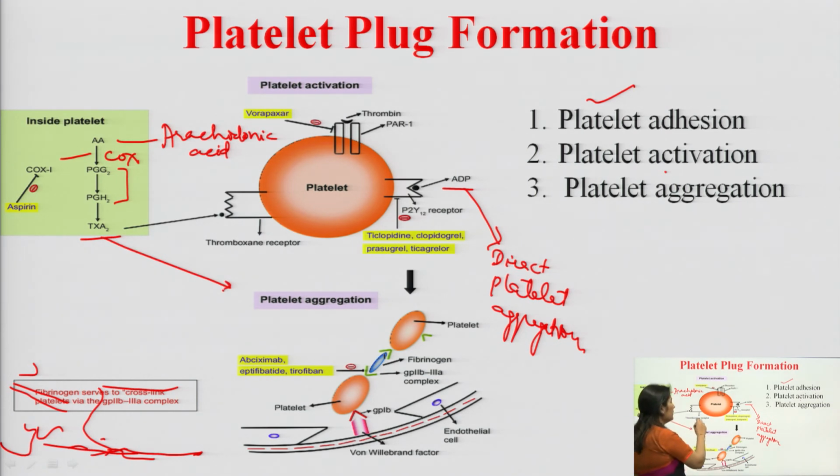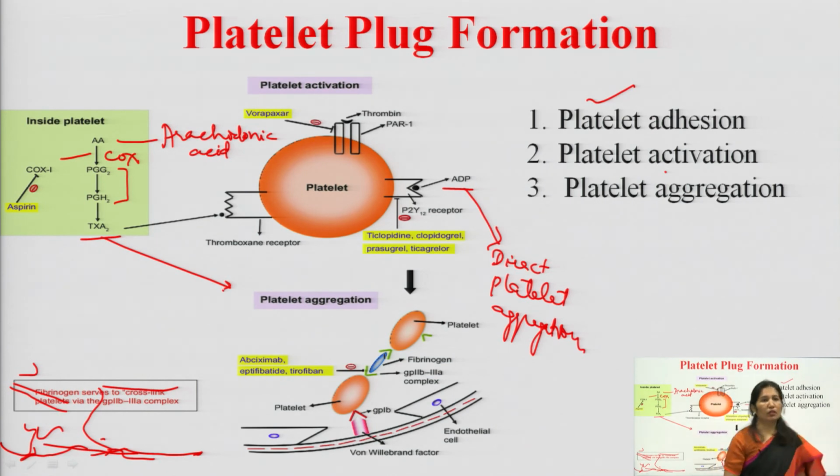Thromboxane receptors are present on the platelet surface and activate platelets, and thus fibrinogen and von Willebrand factor serve to cross link the platelets via the GP2B3A receptors.